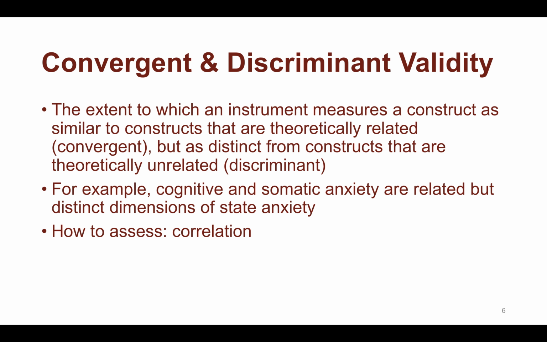So if they're measured with some questionnaire, their scores should, to varying degrees, be similar but also be distinct. They should reflect both convergent and discriminant validity. And we can assess this using correlation. Constructs that are even less related than cognitive and somatic anxiety would be related to one another should correlate even less than they do with each other.